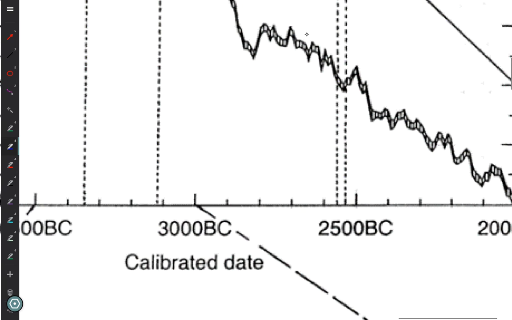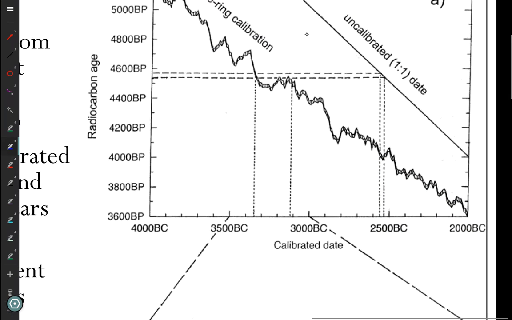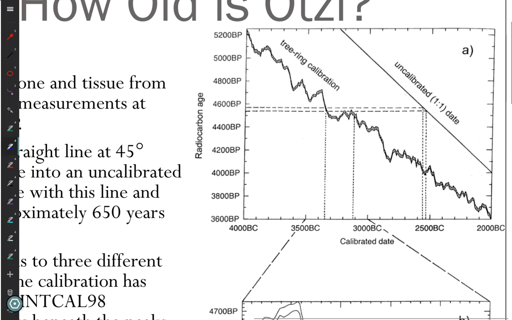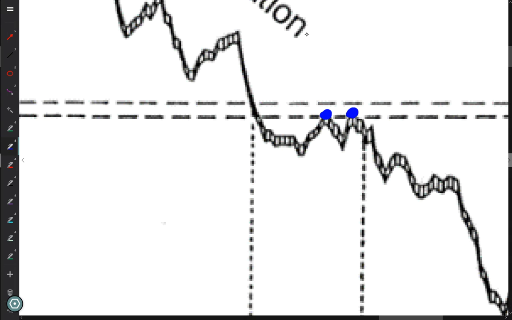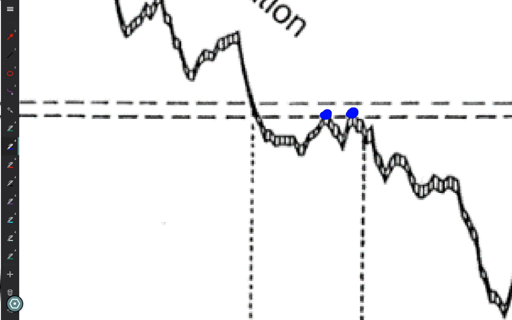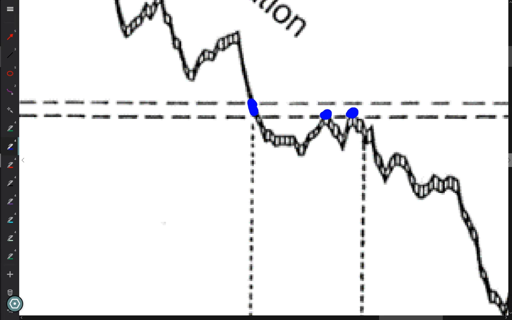But that's not the conclusion for the age of Ötzi, because the calibration has this jagged curve that's based on looking at tree rings. And the jagged curve intrudes into the region where there is a plus or minus 1 standard deviation on the mean, 3 different places.